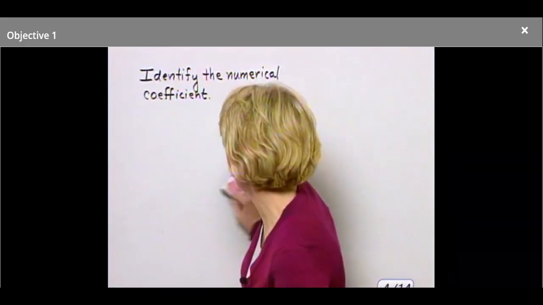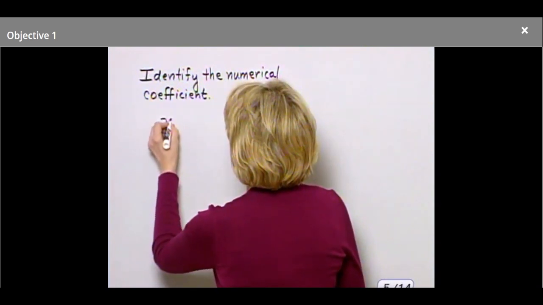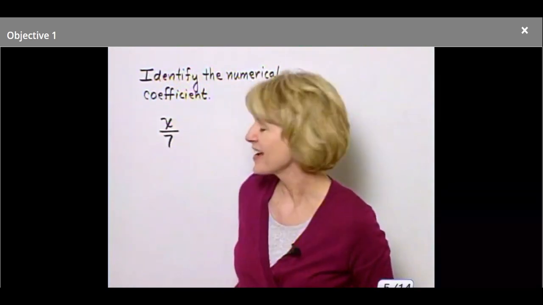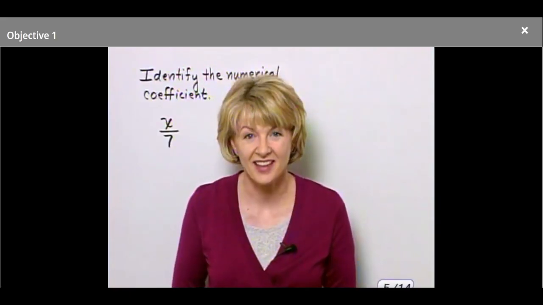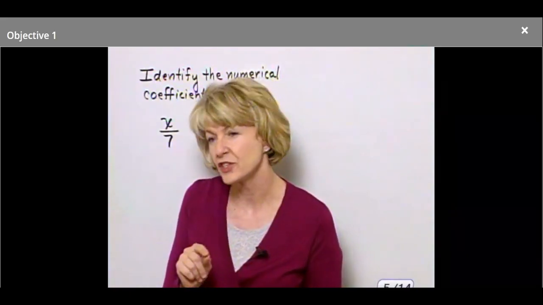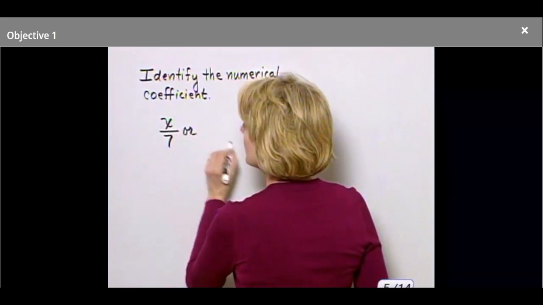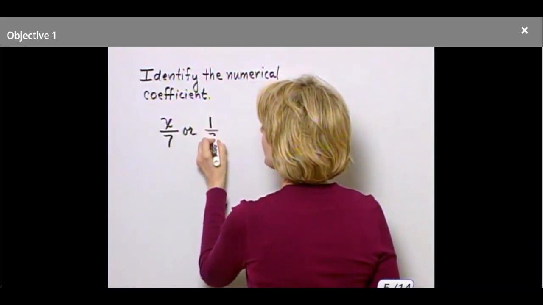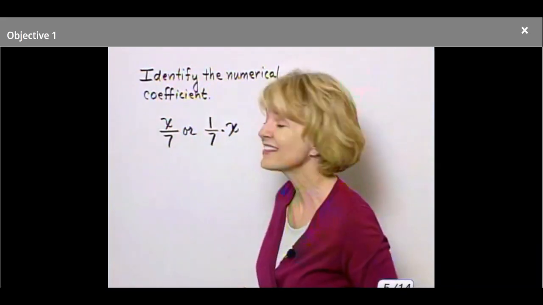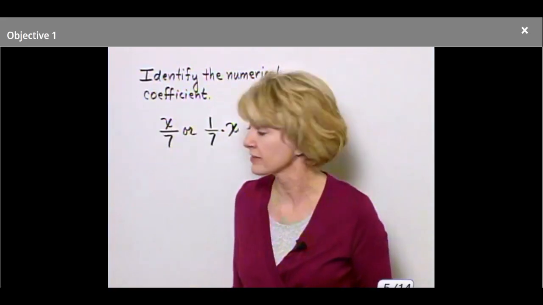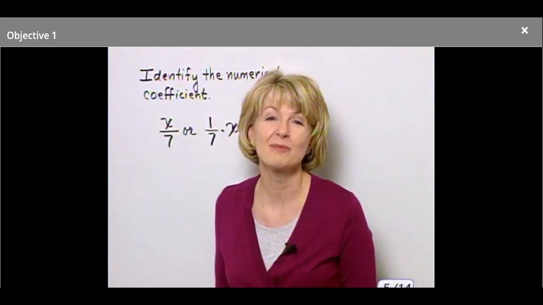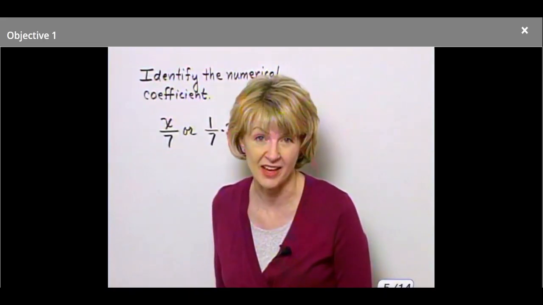And let's try one more time. Let's find one more numerical coefficient. Let's suppose I have the term x over 7. Now, you may need to realize that this is the same as 1/7 times x. X over 7 is the same as 1/7 times x.